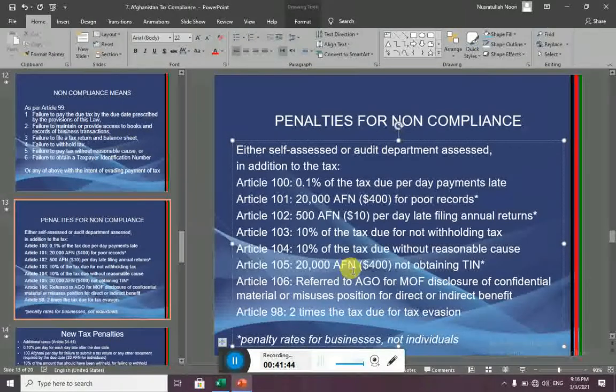So if you have, for example, 100,000 income, before you paid only 20,000, 80,000 was in your pocket. Now after they find that you have evaded, they will take 60,000 out of your pocket. You will have remaining 40,000. So that's why we have to avoid tax evasion.